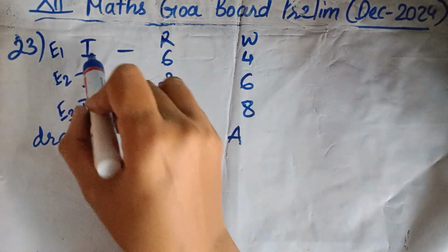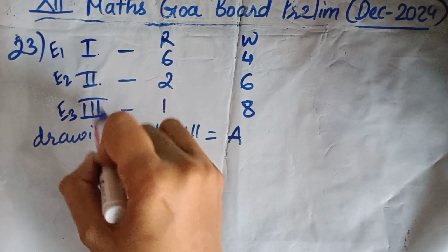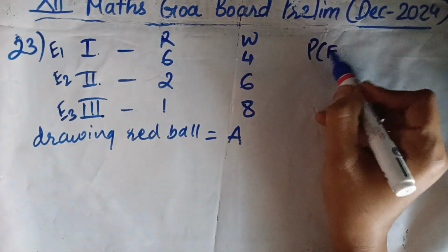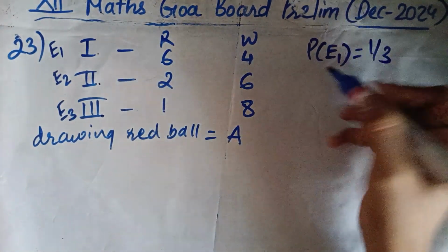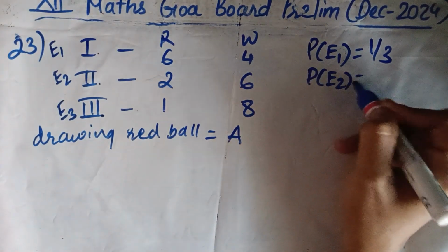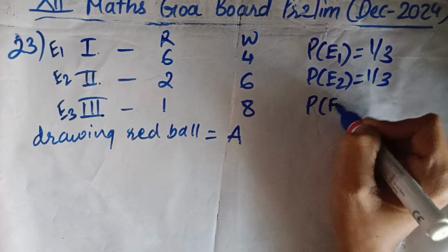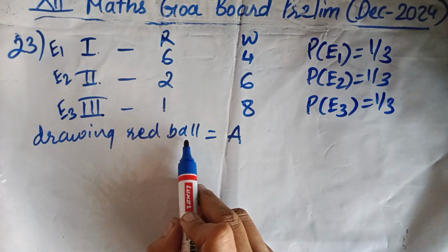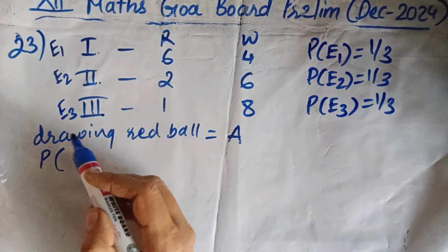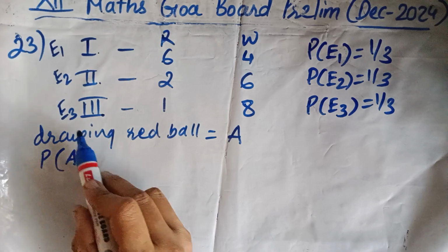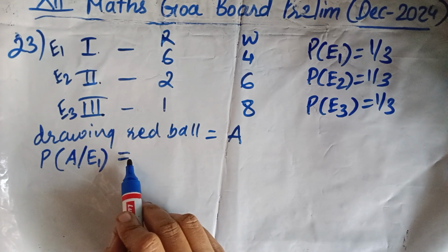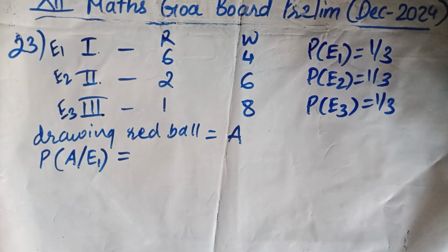So here three possibilities are there. The probability of selecting E1 will be 1 upon 3, correct? Same way E2, same way E3. Now you have to write the probability of a red ball given E1.